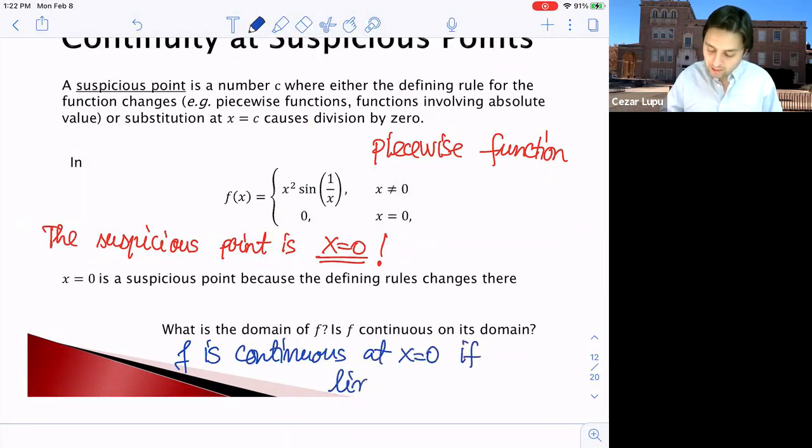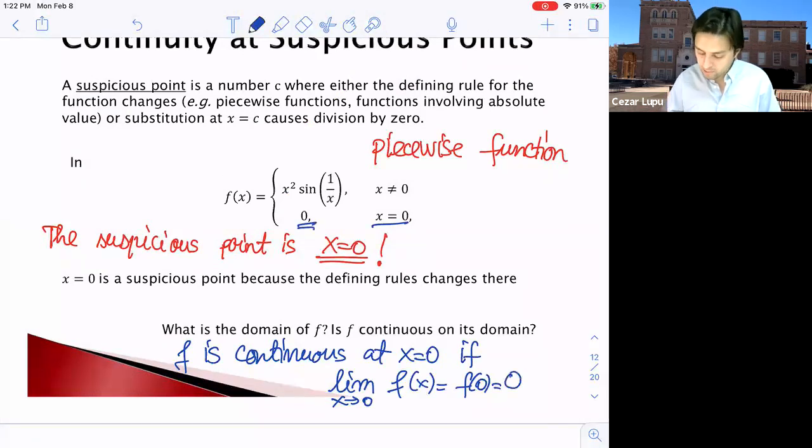If the limit as x approaches 0 of f of x is f of 0, which in our case, if we look at 0 here, f of 0 will be 0. So in other words, f is continuous if the limit as x approaches 0 is 0. Well, what do you think?